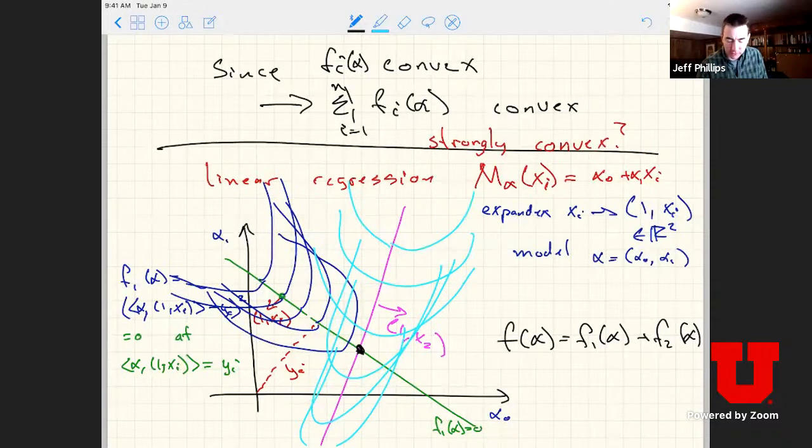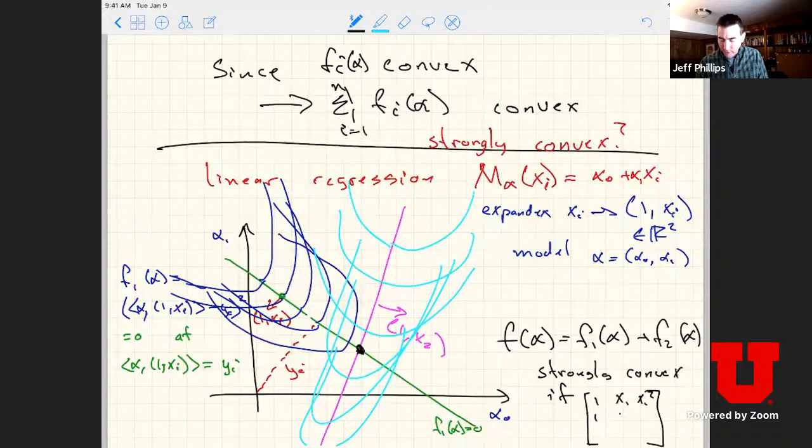And in general, this is going to be strongly convex if I stack these functions together, 1 x1 squared, 1 x2 squared, as long as this is full rank.